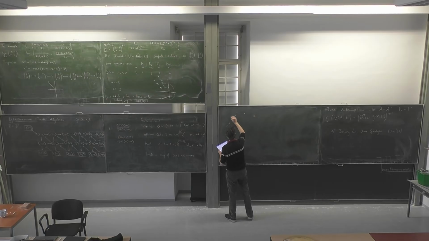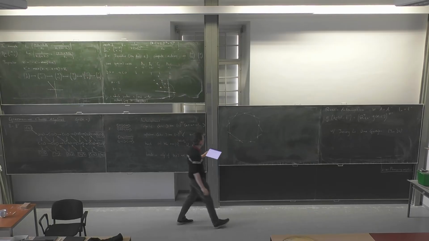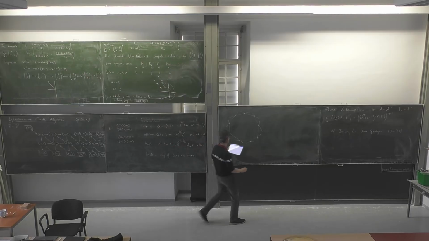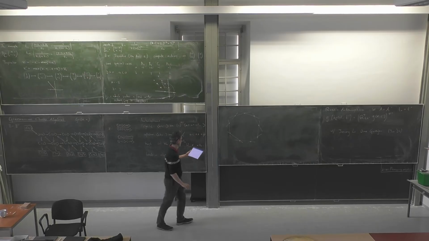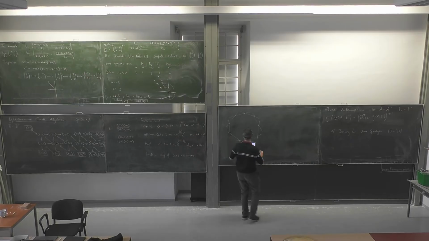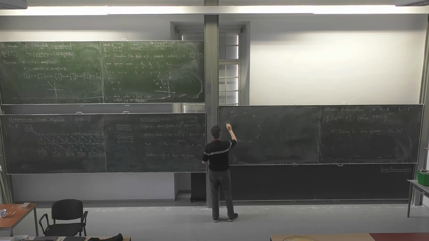And I'm going to draw the lines that go through consecutive points. 1, 2, 3, 4, 5, 6, 7, 8, 9. So this is W1, this is W2, this is W3.